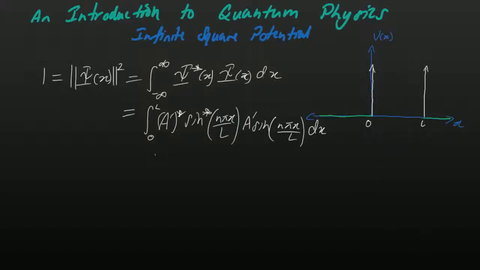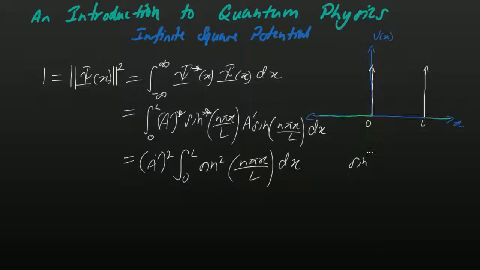Let's continue. We'll simplify this: get A prime outside, taking that constant out of the integral, 0 to L, sine squared of n pi x on L dx. Just a quick note on the complex conjugate of sine. That equals this by Euler's formula, one of the derivations of it.